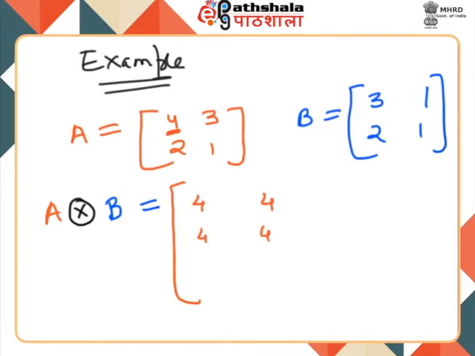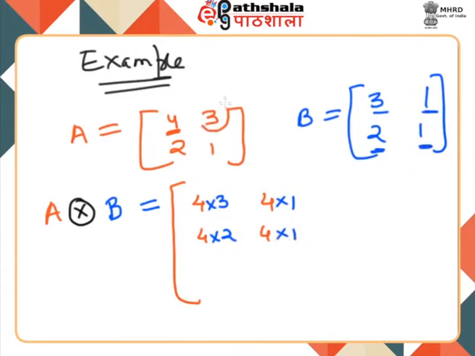Then we take all the elements of B and write them in the respective places, that is, 4 into 3, 4 into 1, coming from this position, then 2 will come here and this one will come here.